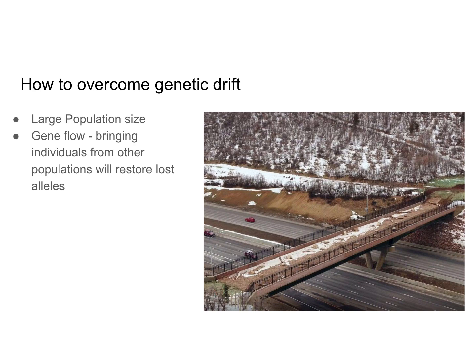So what the state of Utah did was build this wildlife corridor, and this is going to allow organisms to safely cross this area because it's still wild. It still resembles their natural area. They have a tendency to use it more often than crossing here. They're going to cross over, and any alleles that might have been lost in this population, if they're present in this population, can come over, and that is a process known as gene flow.